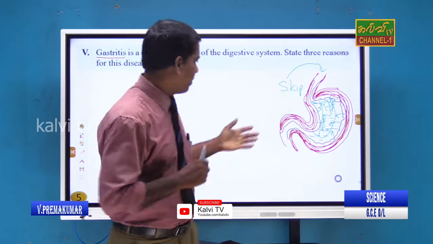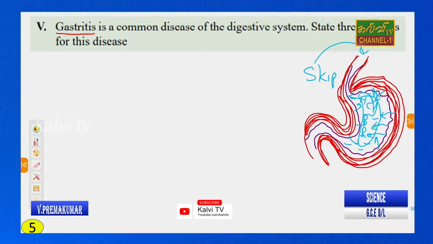So I call here: gastritis is a common disease of the digestive system. State 3 reasons for this disease. So we will write the answer, right?